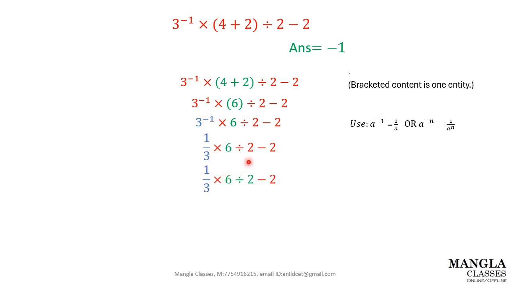So now there is a division between 6 and 2. So first carry out the division as per the BODMAS rule. Then 6 divided by 2 gives you 3. Then carry out the multiply operation between 1 by 3 and 3. So that gives you 1, and 1 minus 2 is minus 1.